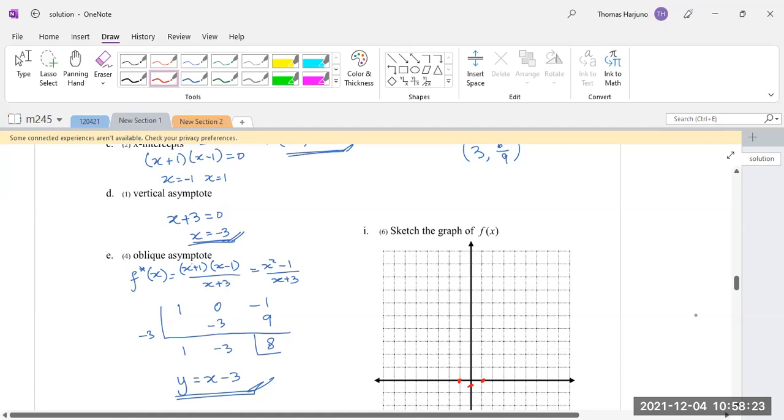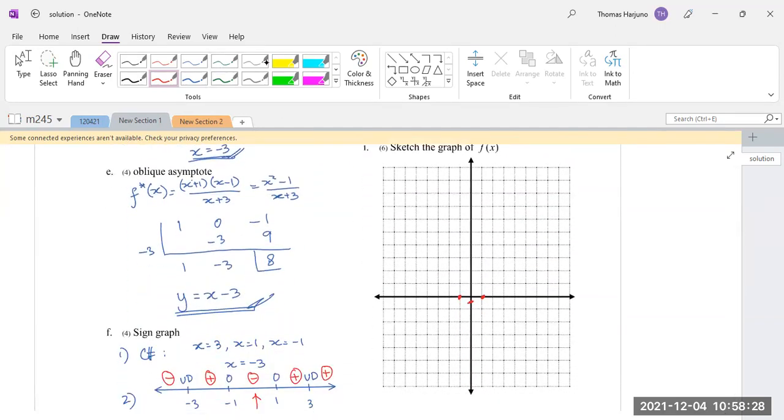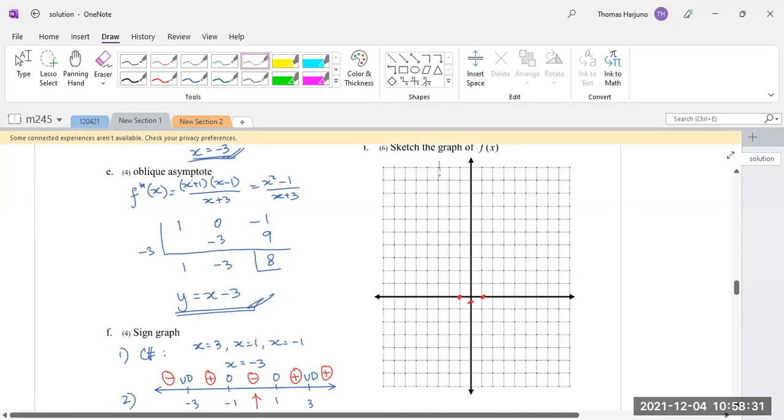And then we have the vertical asymptote x equals -3. And then the slant asymptote, y equals x minus 3. So the slope is 1. The y-intercept of that line is (0, -3). So this is what the slant asymptote looks like.